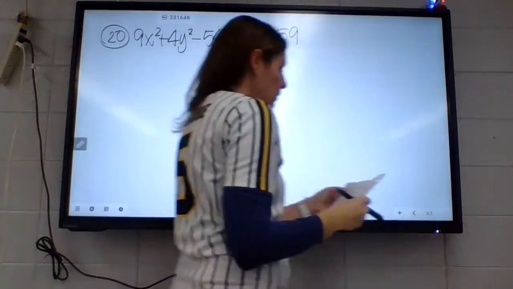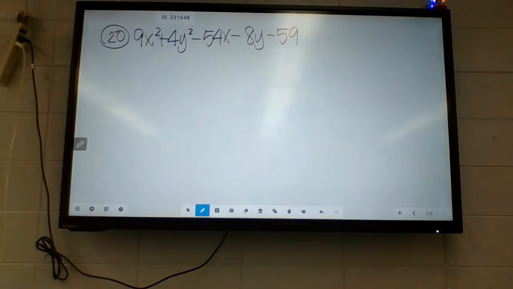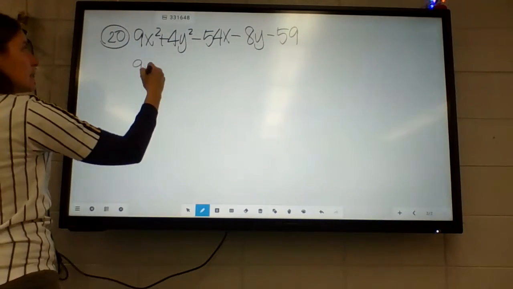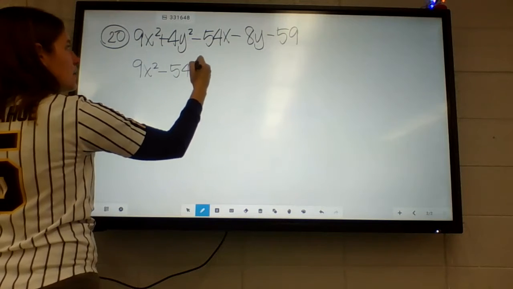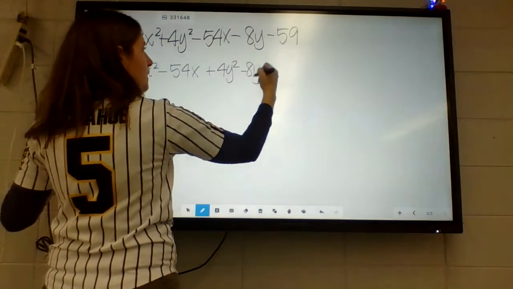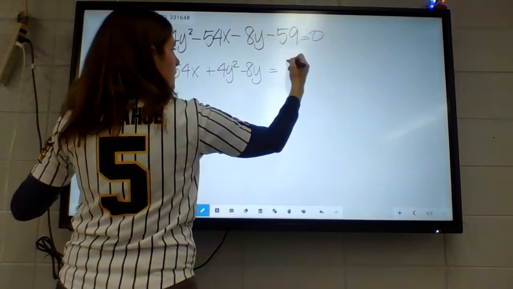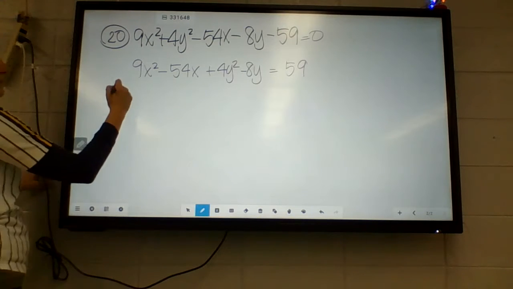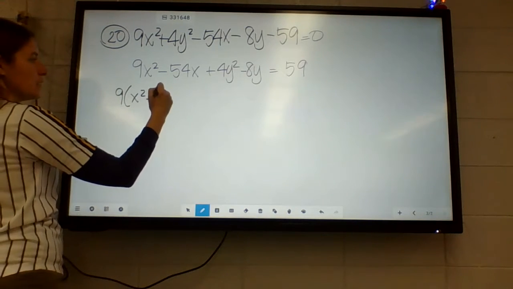All right, so since they're both positive and they're both squared, we know this is going to be an ellipse. So I'm going to organize things accordingly here then. So factor out the 9.